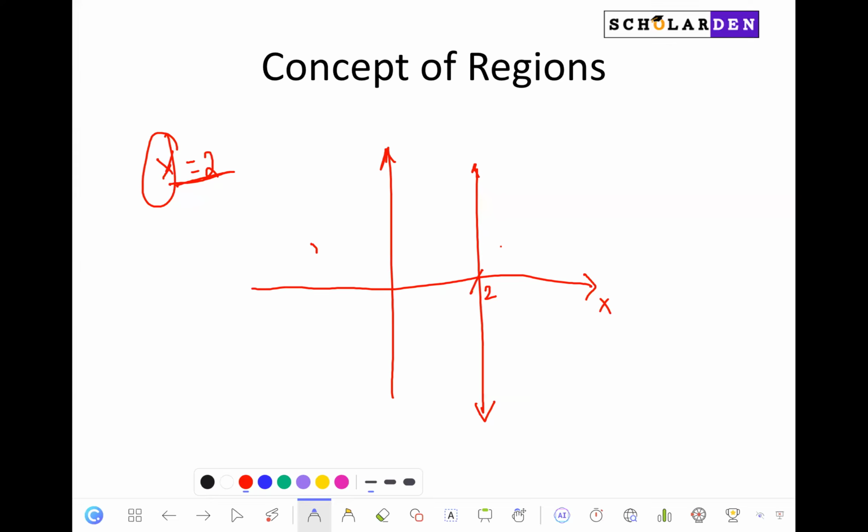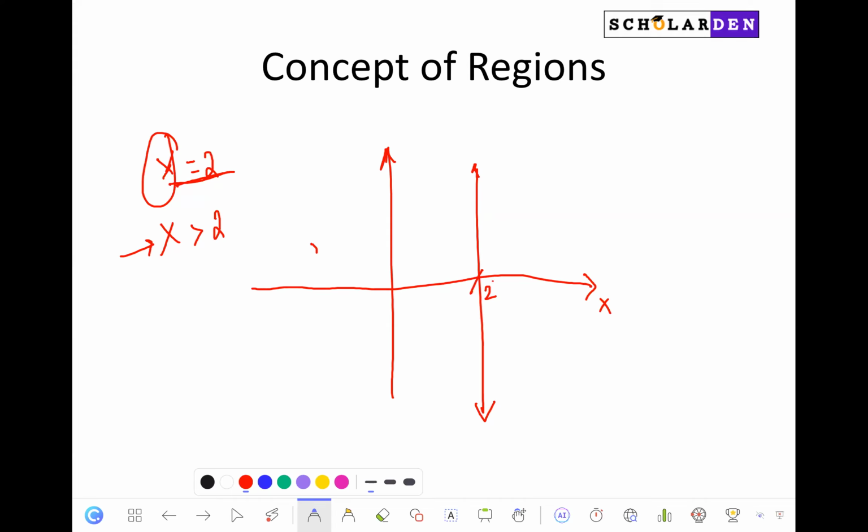Okay. So what would be a region that is defined by this? So this is the equation of a line. This is the expression of a line. Let me change this to x greater than 2. So now, all the values of x that are greater than 2 should satisfy this expression.